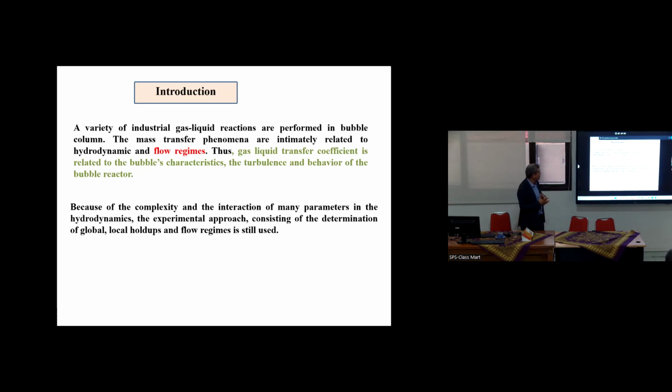Because of the complexity of the interacting dynamic parameters, the experimental approach is still used, because we have to know the amount of gas in bubble form. Because the column is large, the amount of gas is not the same in each zone. In this zone we have a lot of gas, here few, and so on. So we have to measure the amount of gas in each zone.